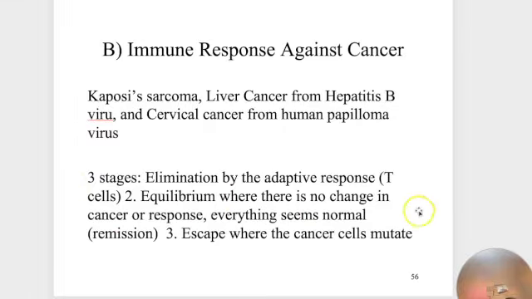Equilibrium is where there's no change in the cancer or response, and sometimes the cancer cell will escape and then mutate. I think we talked about this maybe in AP1, where a tumor is cancer cells that are encapsulated, unchecked, but sometimes it is irritated or leaks out, then it will cause a response and your cancer will come back.